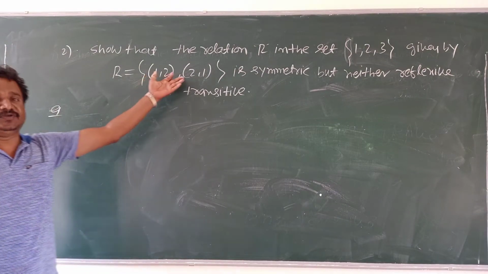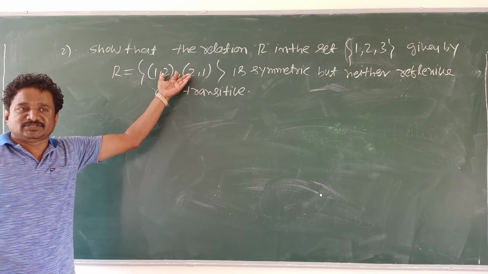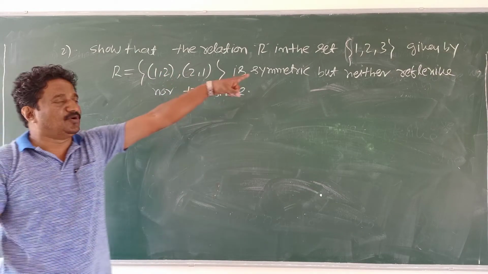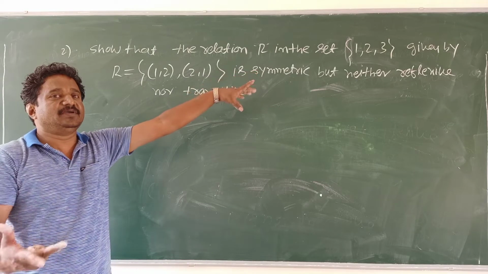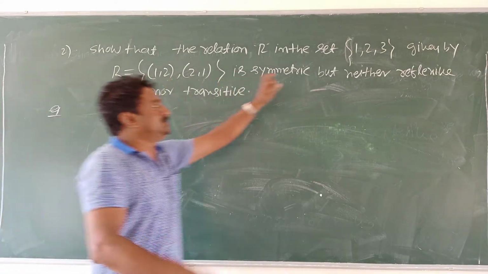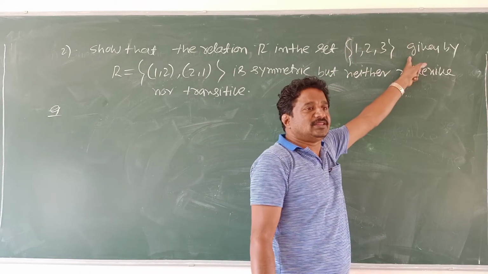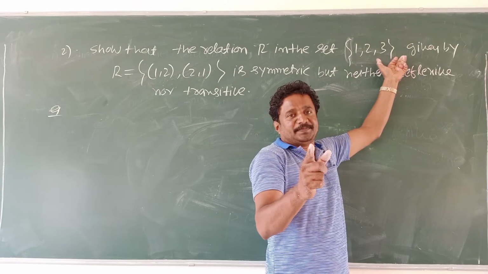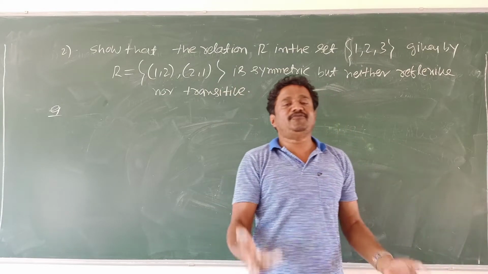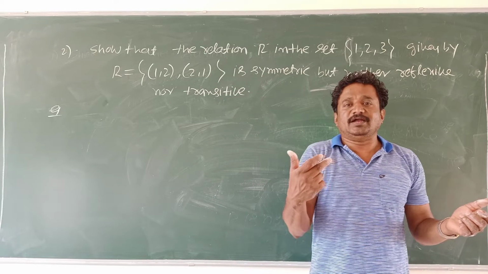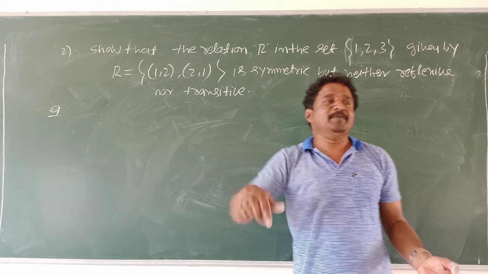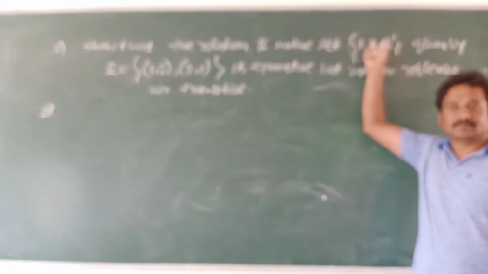Is it a reflexive relation, students? When we say R is reflexive, it contains (1,1), (2,2), (3,3). The set is important. Till then you cannot write R. That relation cannot be defined without a set.